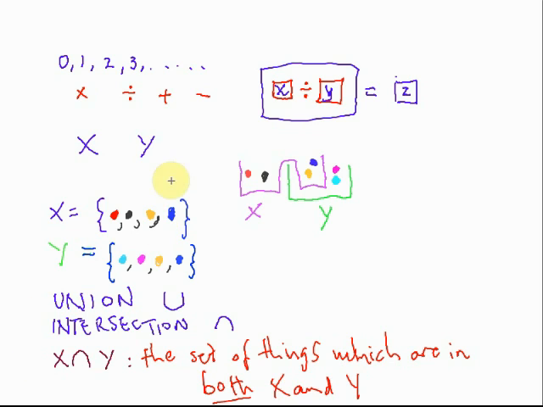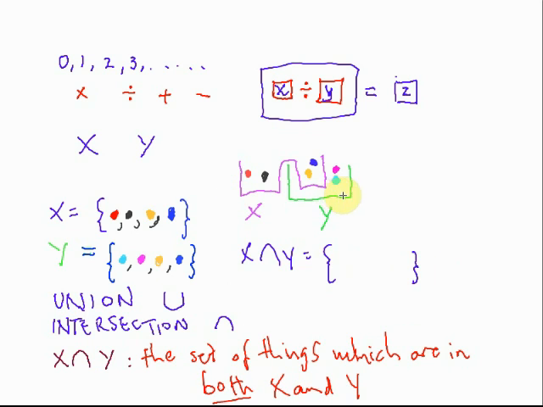Again, going back to this diagram, what is the intersection of X and Y here? Well, X intersect Y, again, is a set, and it's the set of things which are in both X and Y.